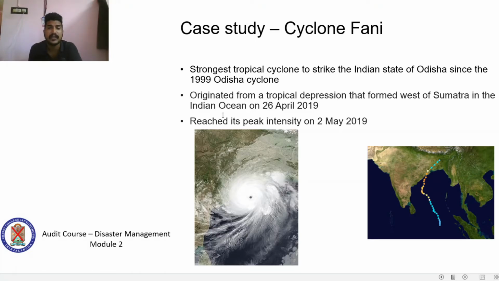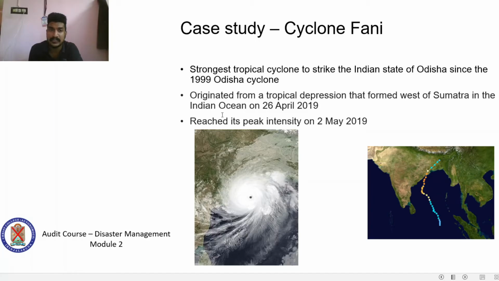Fani weakened before making landfall, and the convective structure rapidly degraded thereafter, degenerating into a remnant low on May 4 and dissipating the next day.